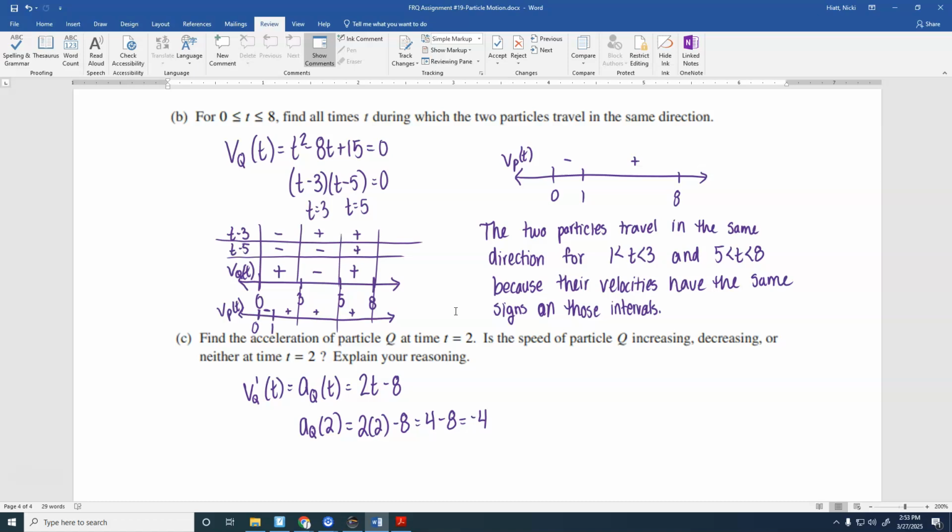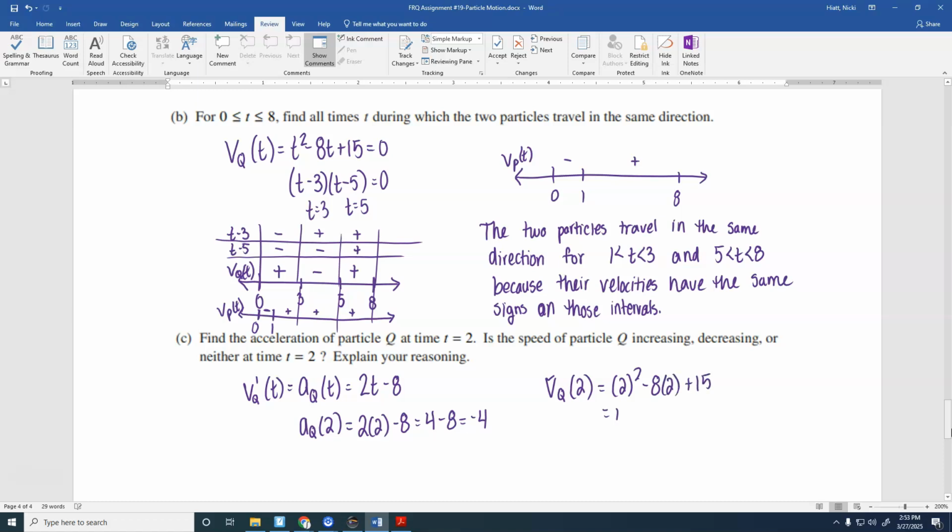If you have negative acceleration, negative velocity, you're also speeding up. So you're looking for the same sign in velocity and acceleration. I would just go ahead and find v sub q of 2. You also could pull it from your sign line here. It's going to be positive. I'd just go ahead and find it because it's a pretty easy number to find here.